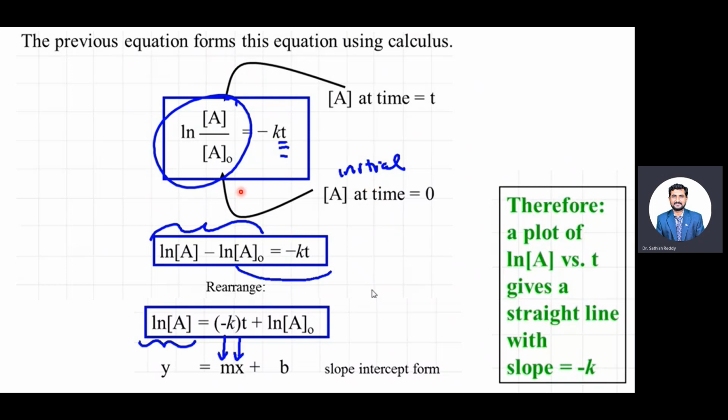When you rearrange this, ln A minus ln A naught is equal to minus Kt, so ln A is equal to minus Kt plus ln A naught. This is similar to y is equal to mx plus c, the slope intercept form. Therefore, plotting ln A versus time gives a straight line with a slope of minus k.